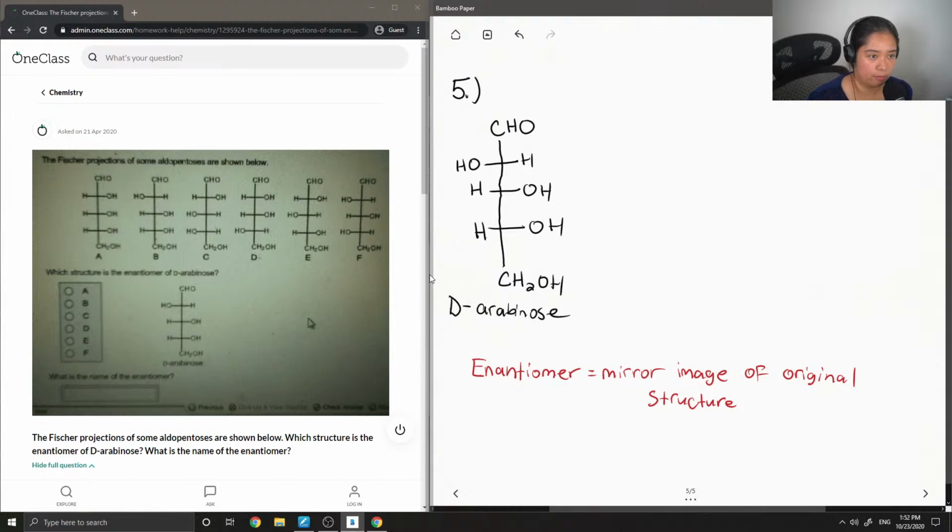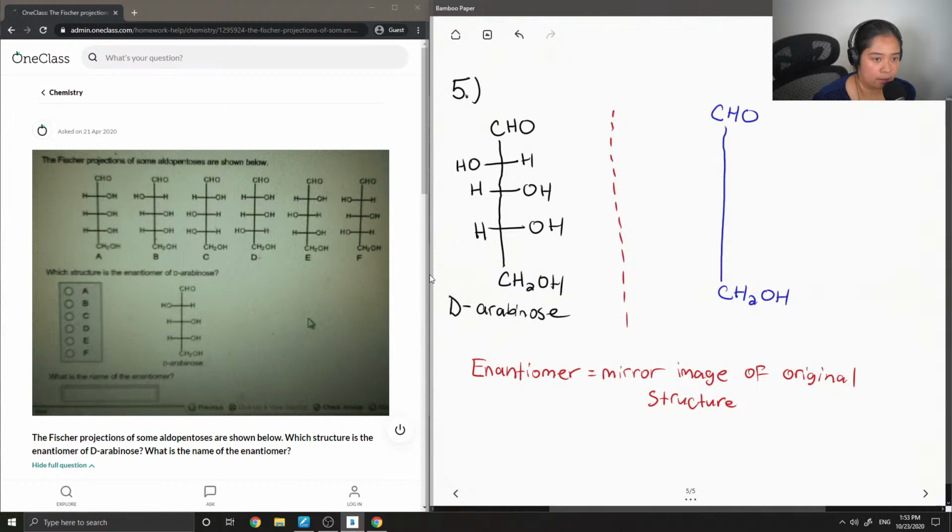I'm just gonna draw an imaginary mirror using this dotted line. And then I'm going to draw out the enantiomer of D-arabinose. So this top part stays the same along with the bottom part.